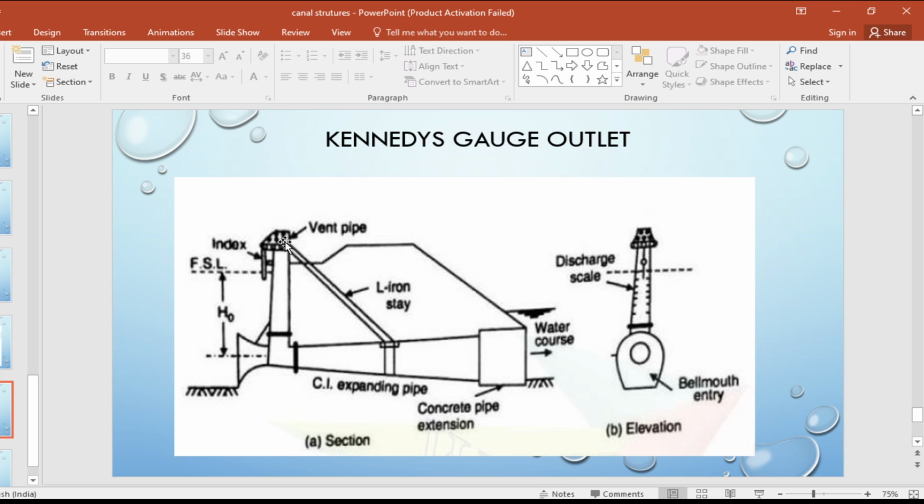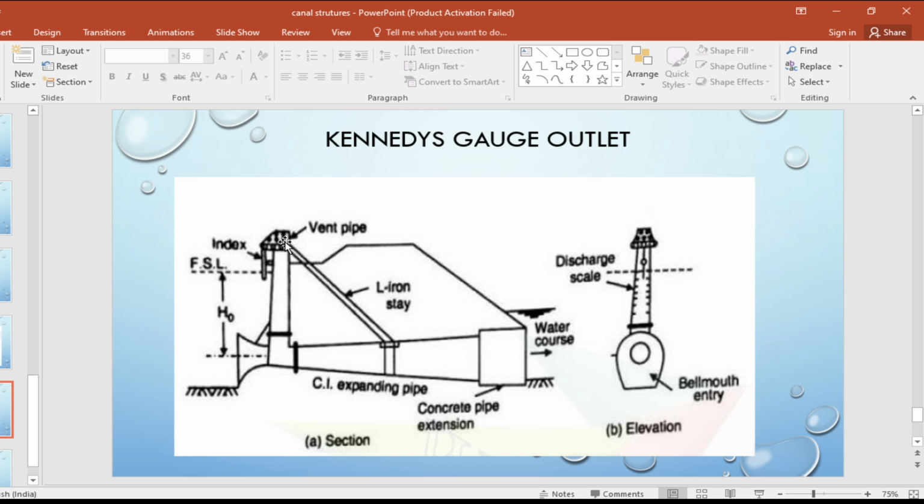The base of the air vent pipe is conical and allows free circulation of air around the jet. So the jet is exactly in the same condition as if it were discharging into open air, making the discharge independent of water level in the water course.